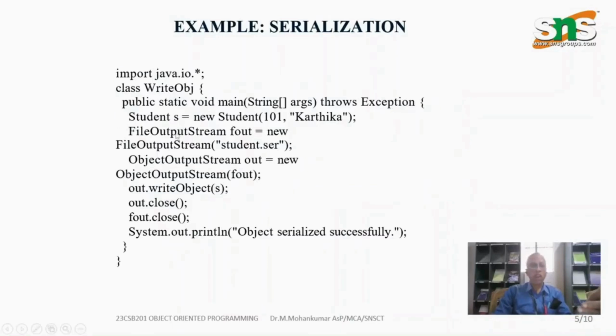This is an example of how we implement the serialization process. The three steps are implemented here. Try to execute the program and you will get an idea of how it gives the right result.